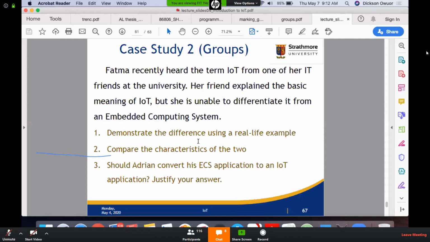So the only things it can communicate with are maybe things that are near it. By near, I don't mean physical, but the network itself. It's not meant to go to the cloud. Okay, so by local, I mean that there's no cloud involved. Okay, so you can think of it that way.